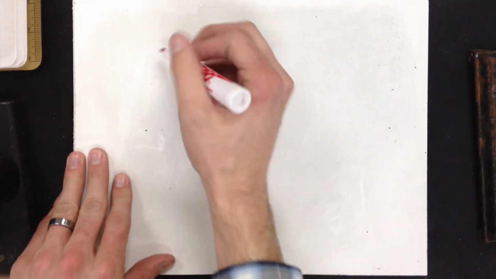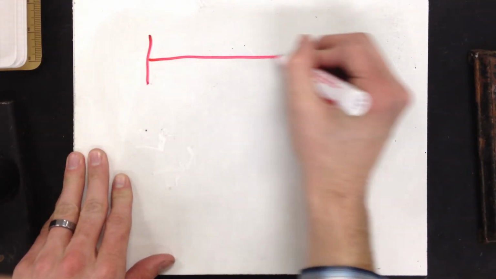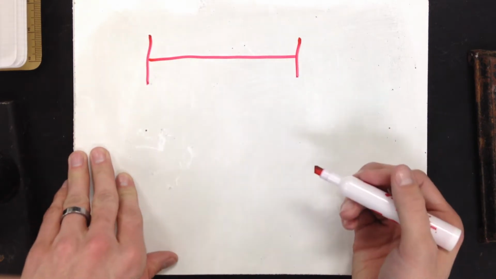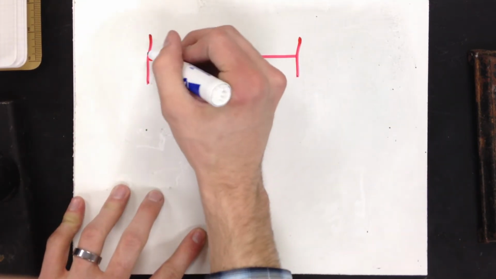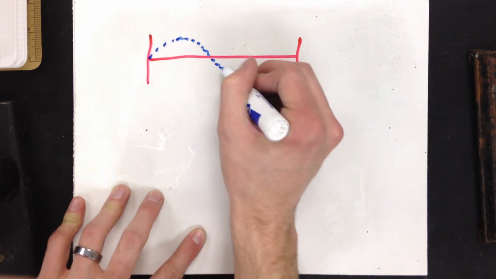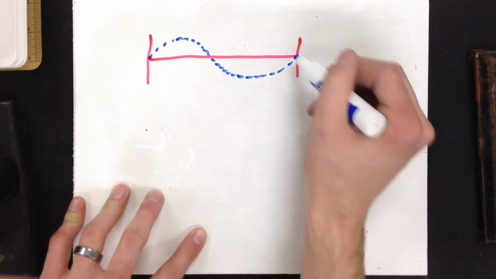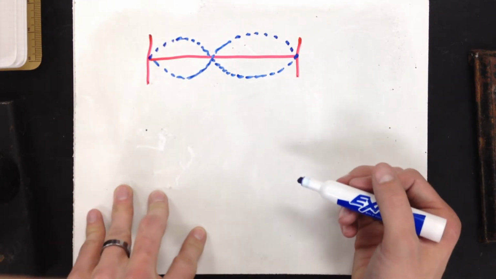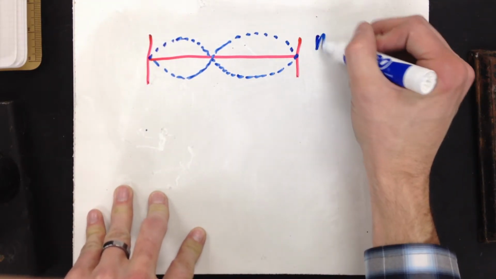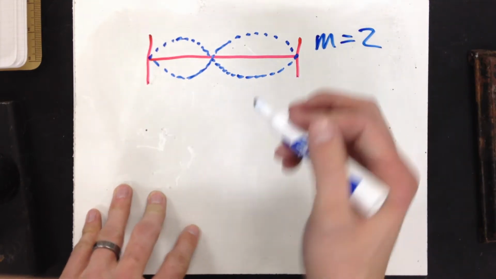Now let's look at, shocker here, the second harmonic. So this is what's going to happen. Our wave is going to come down like this, and then come back, and then whoop, like that. So this is m equals 2. Here's why.